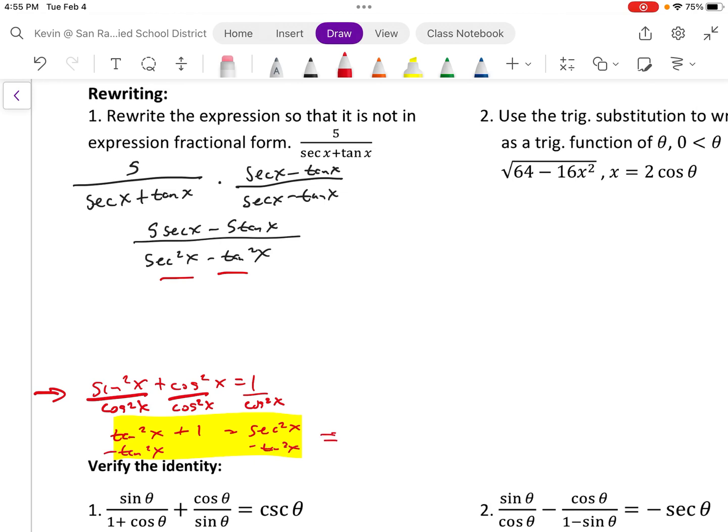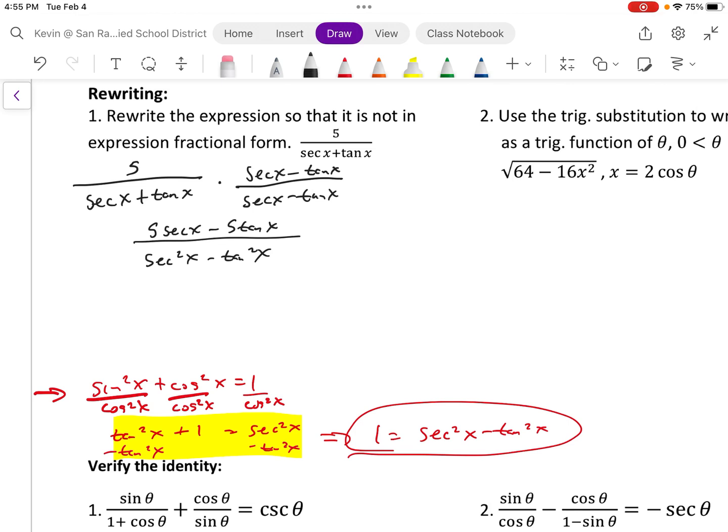So what I'm going to do is subtract tangent squared x from both sides. That gives me what I want: 1 equals secant squared x minus tangent squared x. So we have to know our Pythagorean identities, but we also have to know how to change them around to fit with what we need.